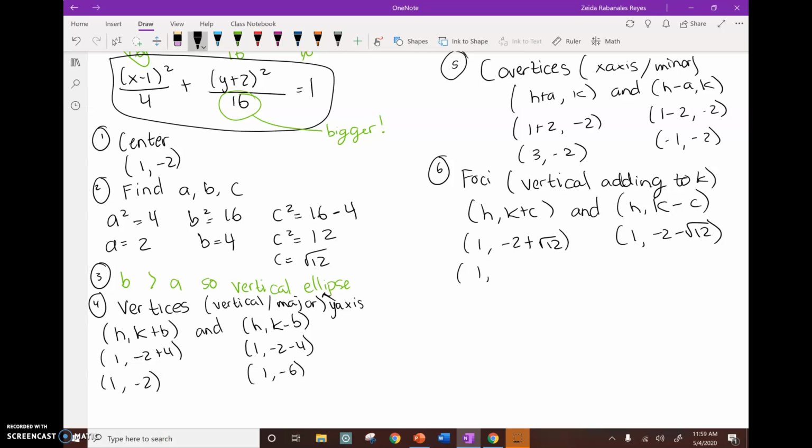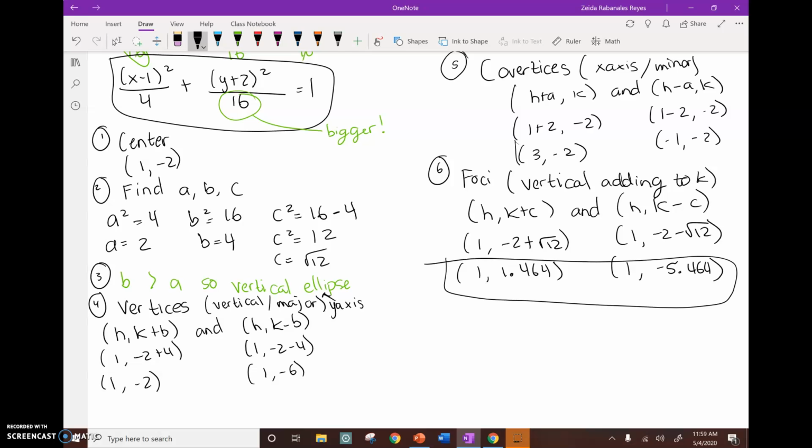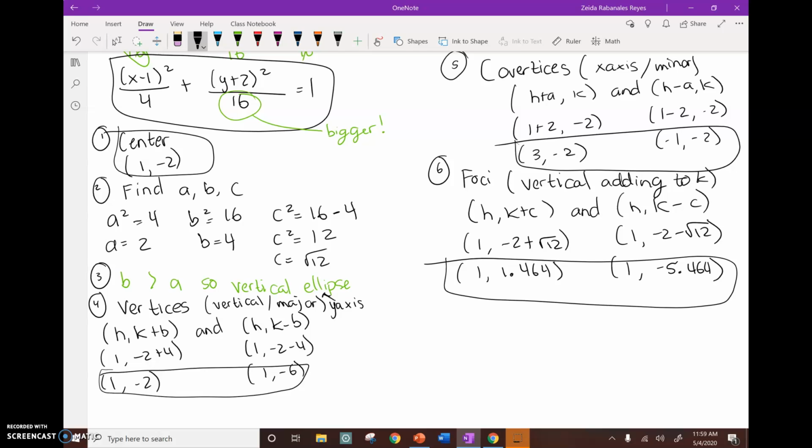If I change that to a decimal and simplify, I get 1 comma 1.464, 1 comma negative 5.464, and you have all your points, vertices, co-vertices, and the center.